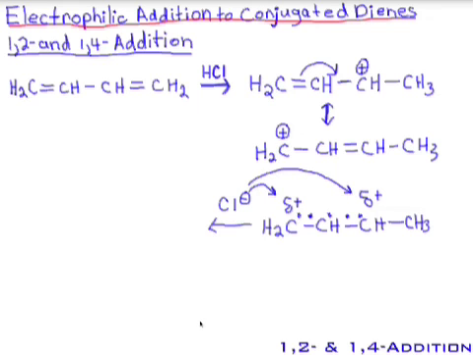Which product will form will depend on the energetics of the reaction. In this case, temperature plays a very important role. So if I add it to this position, that is, it attacks the top resonance contributor, I would get this product.